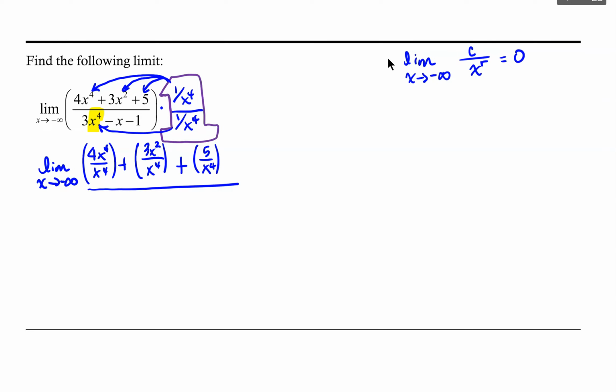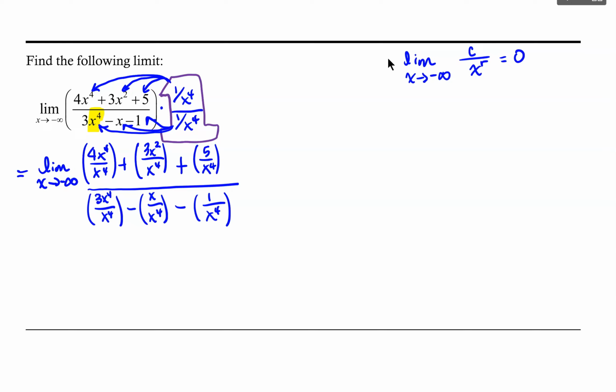So 1 over x to the 4th times 3x to the 4th, minus x times 1 over x to the 4th. My apologies. Minus, and then finally times the minus 1, so 1 over x to the 4th.